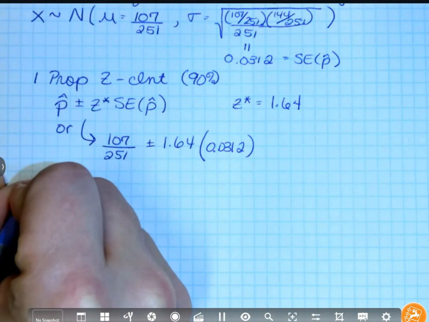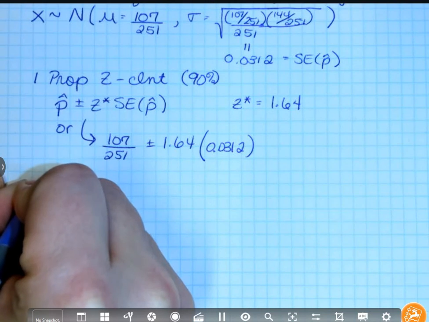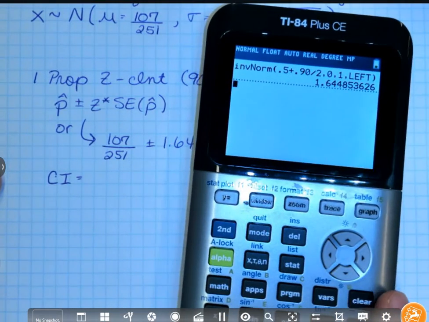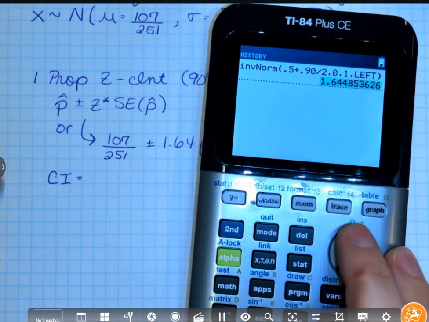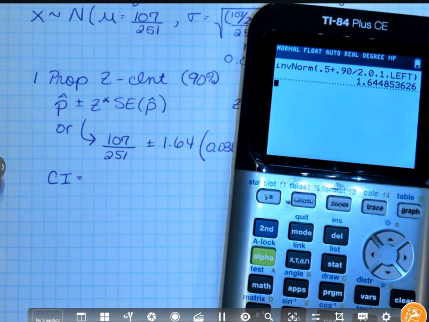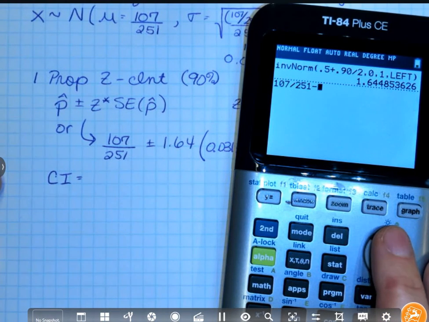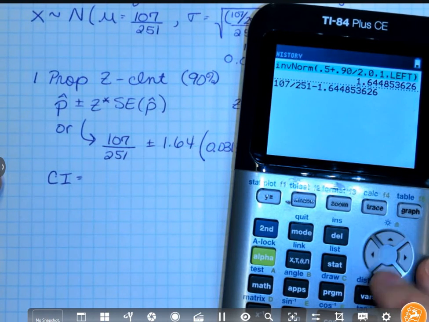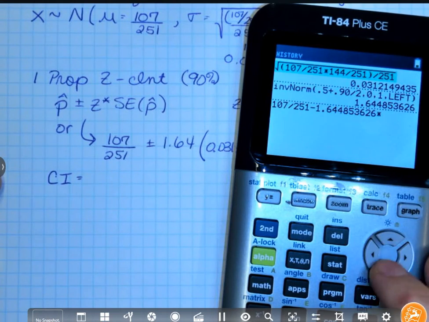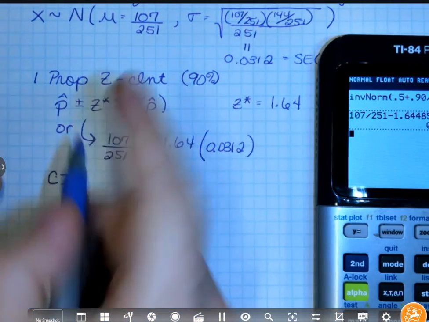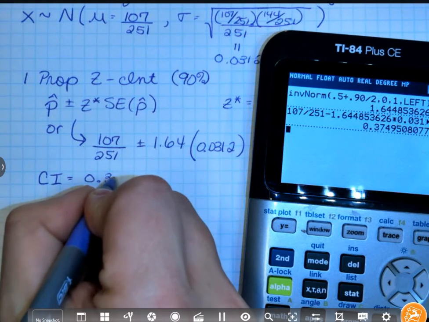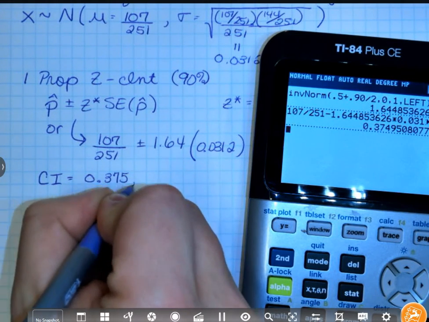Then what do we do? Do the calculations. Find your confidence interval. I find it easiest by saying 107 over 251 minus 1.64 times my standard error. I do the minus first because it's going to give me my smaller number. And I got 0.375.